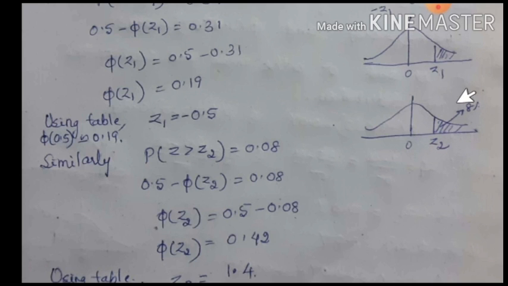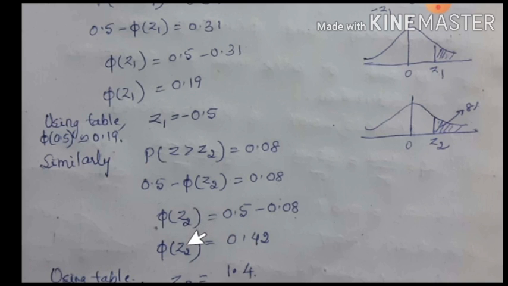So how do we find the probability value for this one? I'll calculate 0.5 minus the area covered from 0 to z2, that is phi of z2. How much is it given? 8%. So what is the area of phi of z2? You get 0.5 minus 0.08, so at some point of z2 the area covered will be 0.42.